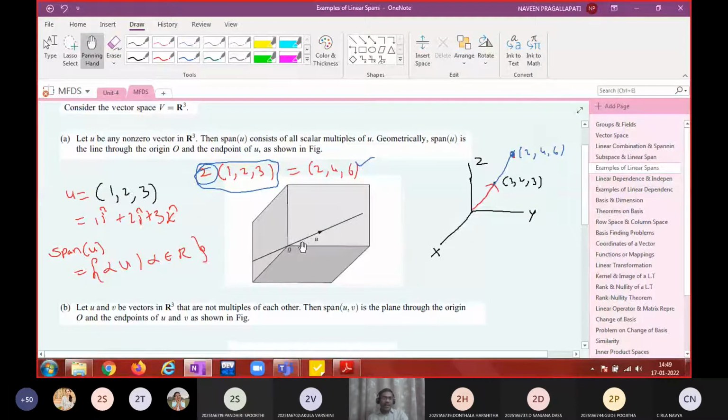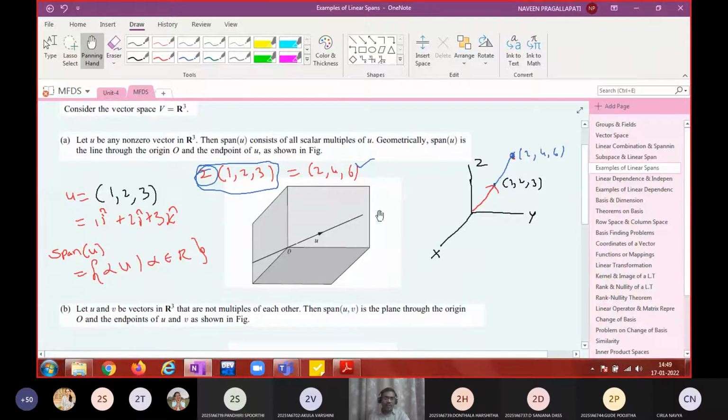That means if the set is not containing the origin, then that cannot be a subspace, that cannot be a vector space. So all scalar multiples of this vector form a line passing through the origin. So this line can be viewed as a subspace of R cube. Not only this line, any line passing through the origin can be viewed as a subspace.